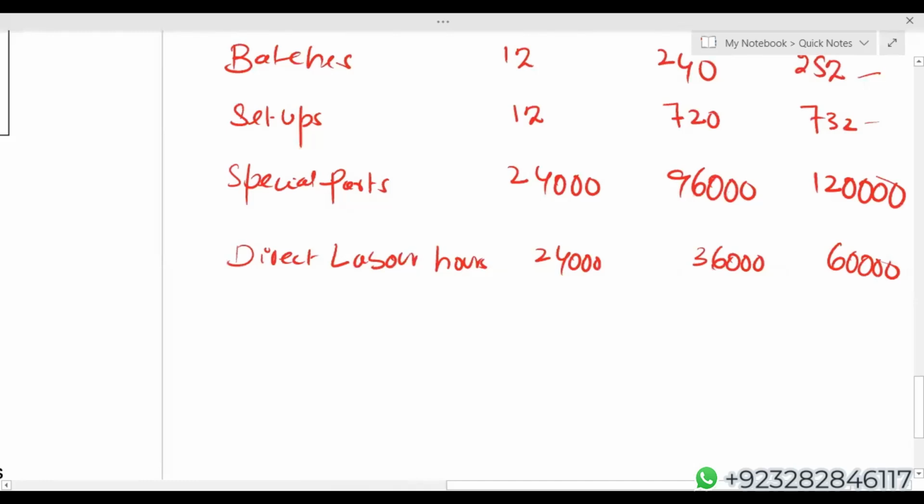Overhead absorption rate under ABC, we need to calculate per setup. So how will we calculate? It's very simple.